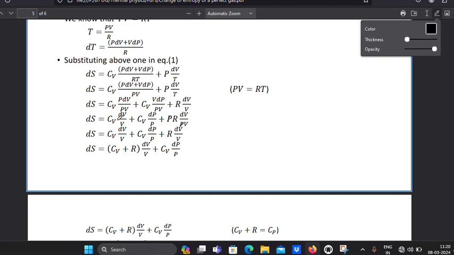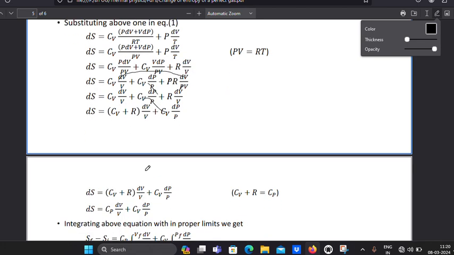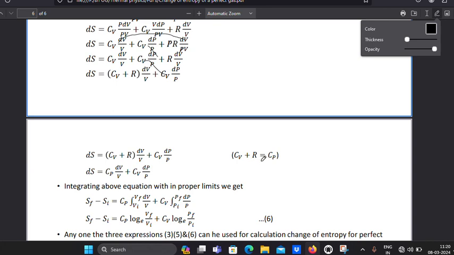Now what do we have to do here? Both are the same, see, dV by V, dV by V. We can take it common outside. So (Cv plus R) dV by V plus Cv dP by P. It is written like this on this side. Now, we know that Cp minus Cv is equal to what? R, we know.